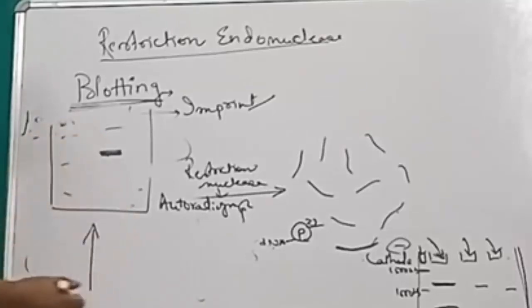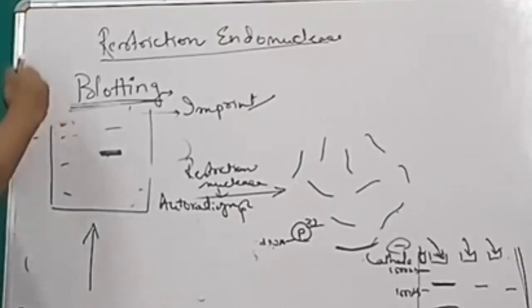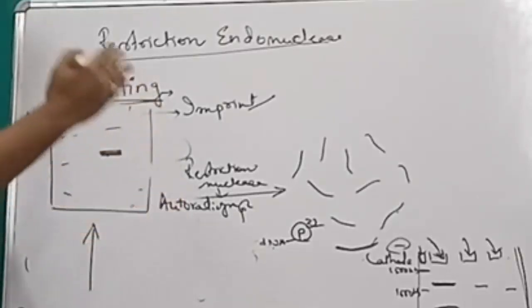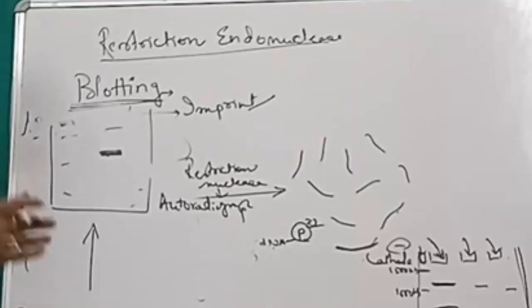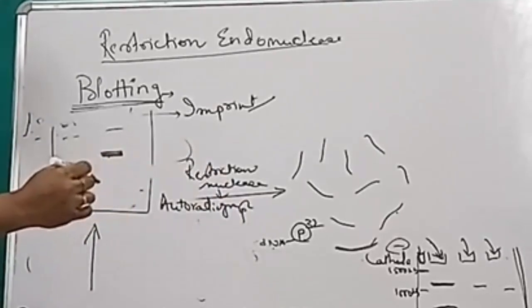So this is how, if you want to find out the gene of interest, you perform the steps. First you cleave it, and then you do the gel electrophoresis, and then you blot it onto the nitrocellulose paper, and then with the help of complementary DNA.